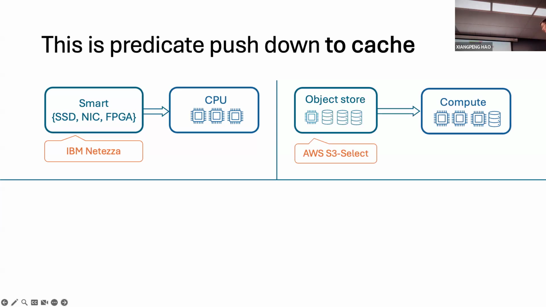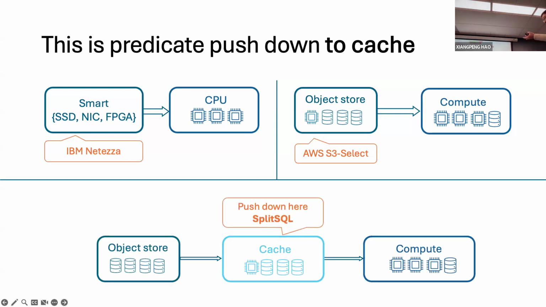after we moved to cloud, we almost immediately wanted predicate pushdown because in this storage-compute disaggregated system, we very much rely on the network to transfer data. So AWS S3 Select basically says you can push down some of your queries to the object store so that the data coming out of the object store will already be filtered, so that the network cost is cut down and you pay less to AWS.